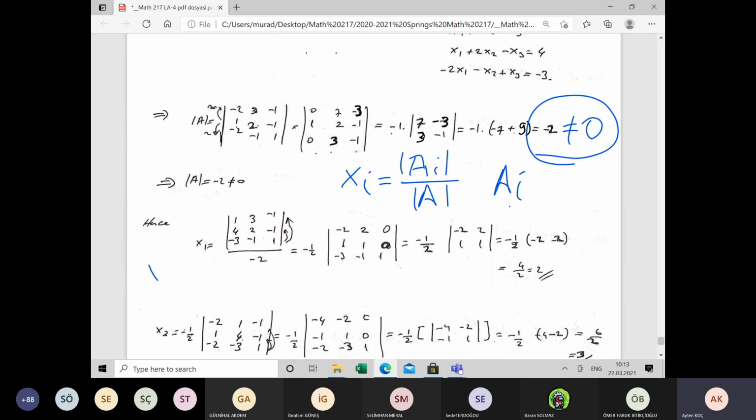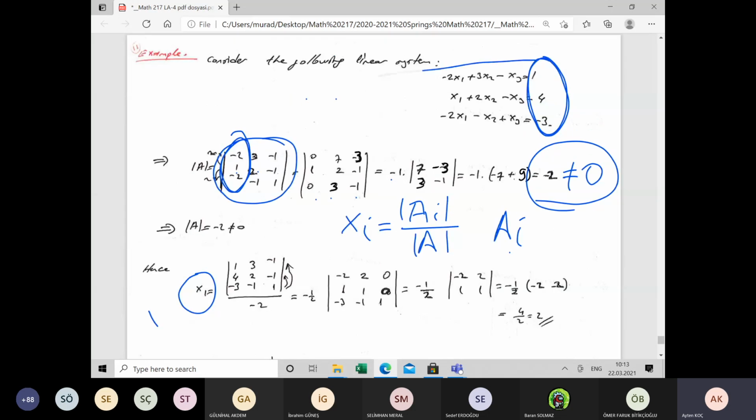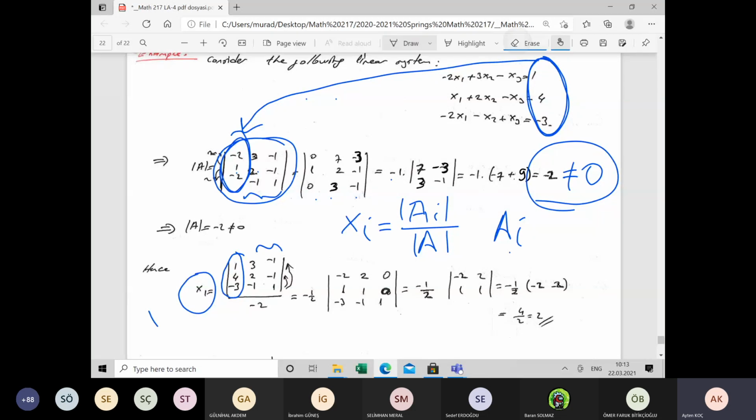So x1 and the first row, this one, first row, will be right hand side replaced by B, right hand side. So 1, 4, minus 3, the others the same. So we obtain the A sub 1, this one.